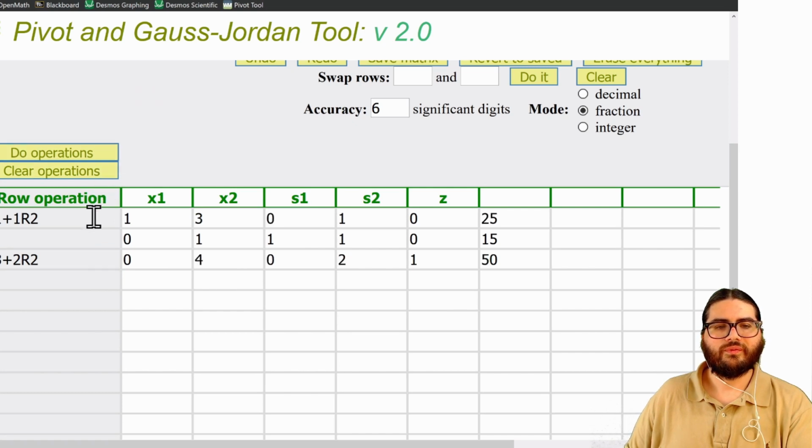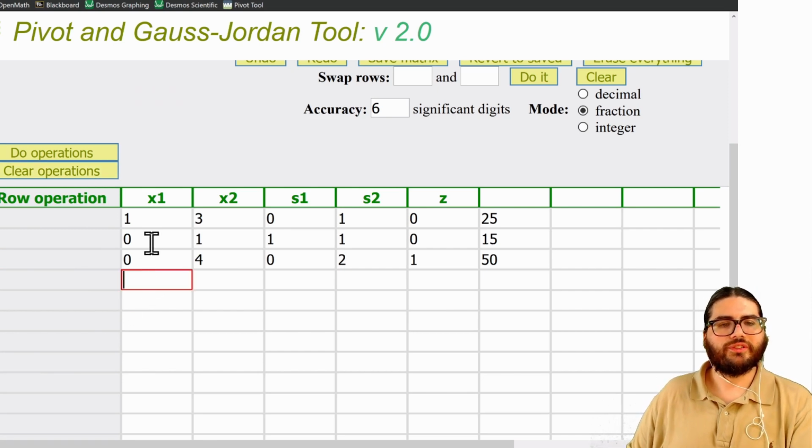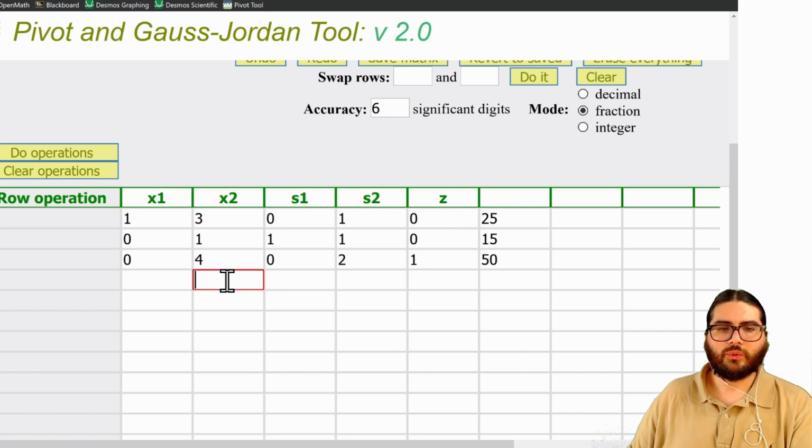Do those things. There we go. Now let's take a look at our new solution. x1 equals 25, x2 equals 0, s1 equals 15, s2 equals 0, and z equals 50.